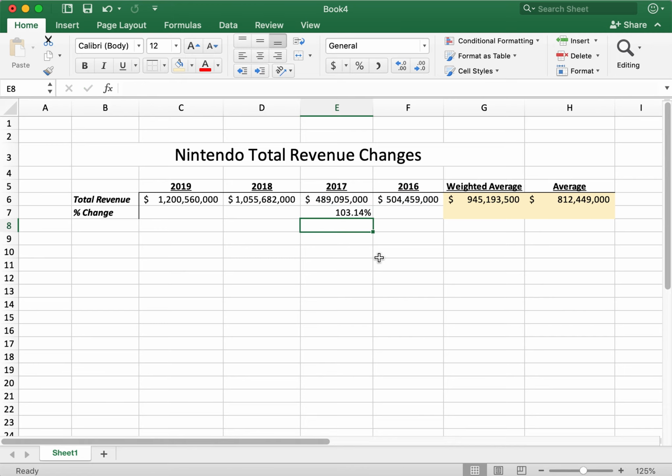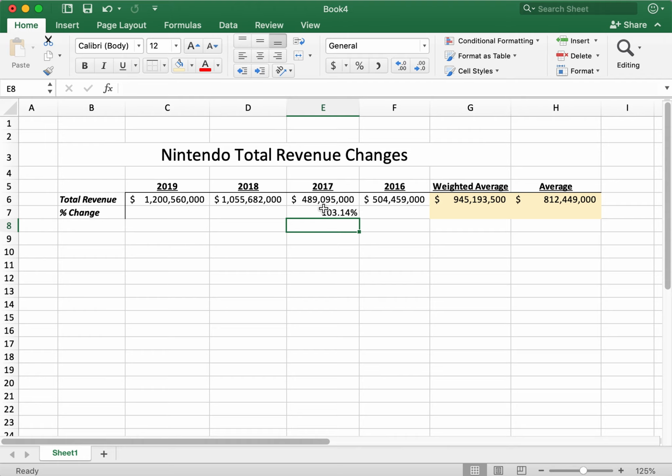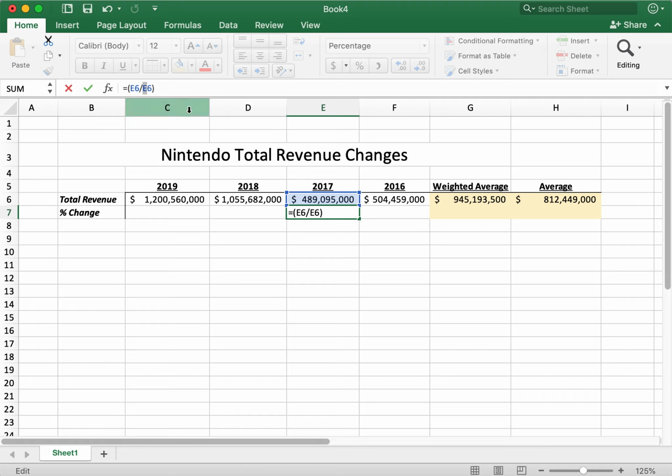Oh, wait, that's wrong. That is totally wrong. So, did they really gain 103% from this year to that year? No. So what's the first thing I screwed up? I put the wrong year in first. So this should be the current year divided by the previous year. There we go.